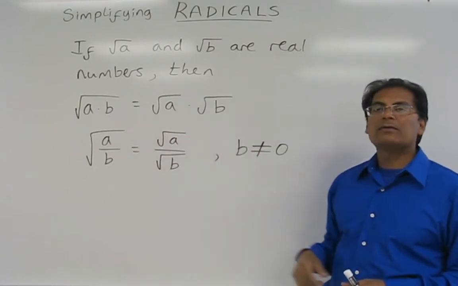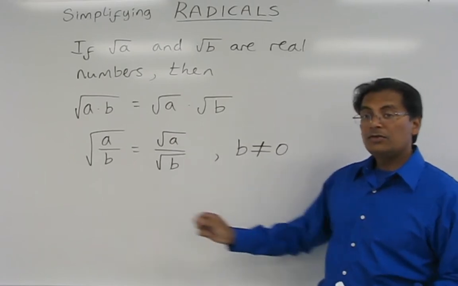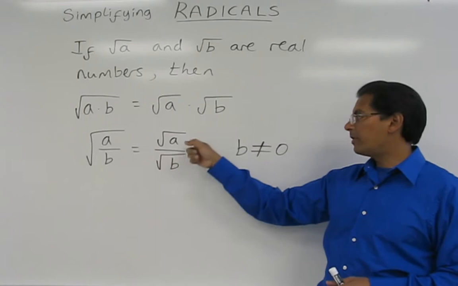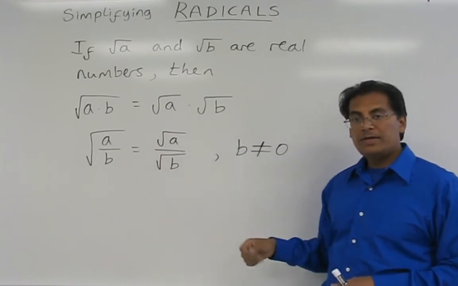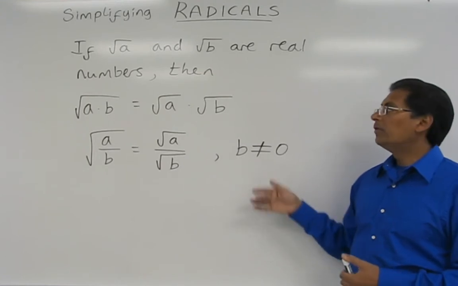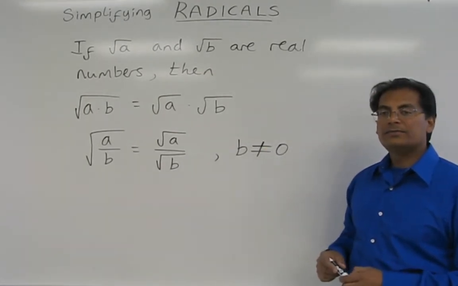We can separate out those numbers on the individual root signs. Similarly, the square root of a divided by b can be separated out as the square root of a divided by the square root of b, as long as b is not 0, because you can't divide by 0. So these two properties allow us to simplify radicals.